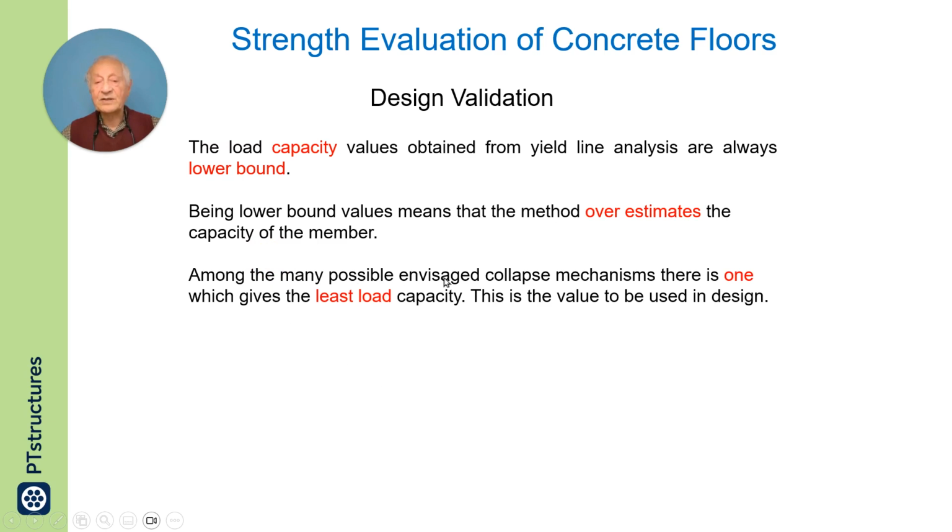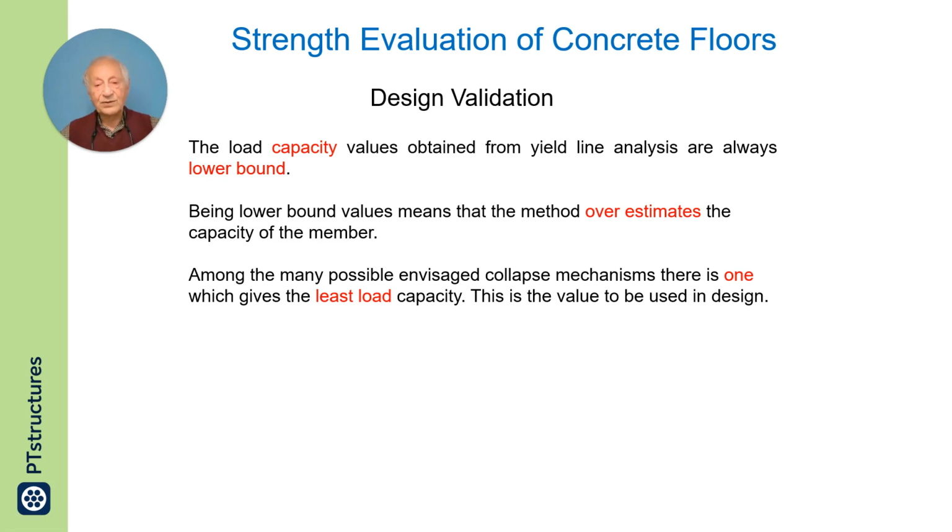Among the many possible envisaged collapse mechanisms, there is one which gives the load capacity correctly. This is the value to be used in design. In other words, the hinge assumption that you assume gives you a capacity. You assume a different hinge pattern, it gives you a different capacity.